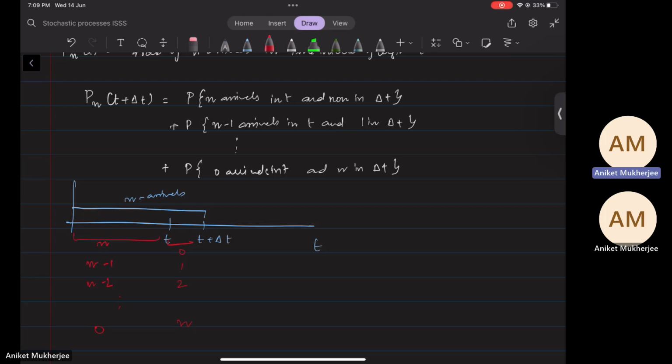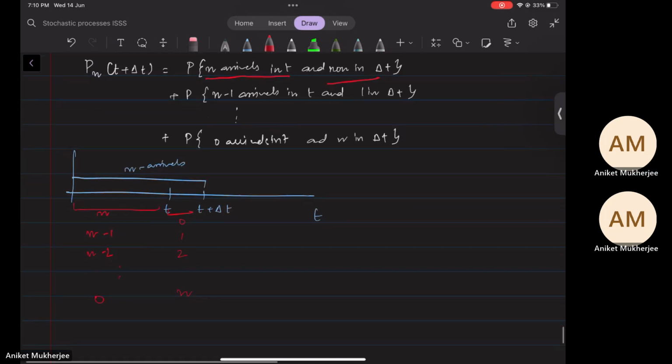As we know that these are non-overlapping intervals, they are independent of each other. So the event that n arrivals happen in time t and none in delta t, these both multiply because they are independent.